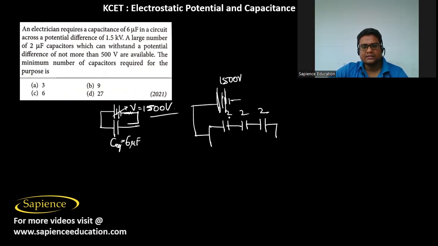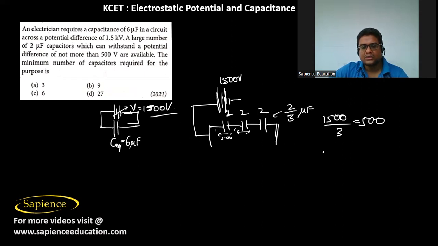So since the capacitance of each of these capacitors is same, the voltage across each capacitor will be 500 volt, since it will be 1500 divided by 3, that is 500 volt. So now their equivalent capacitance here will be 2 by 3 microfarad.